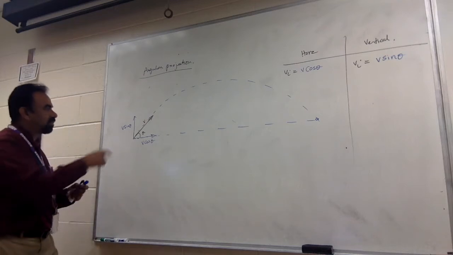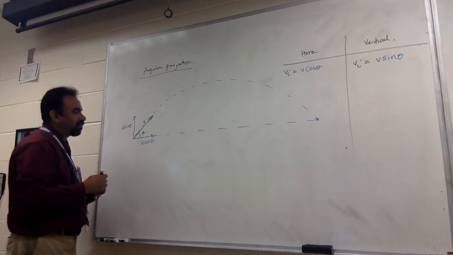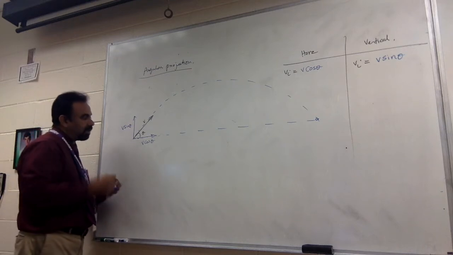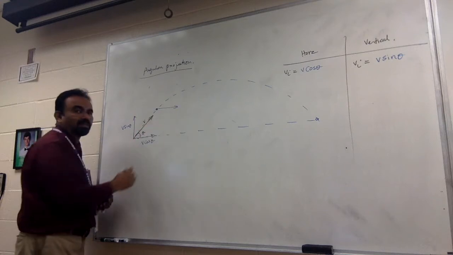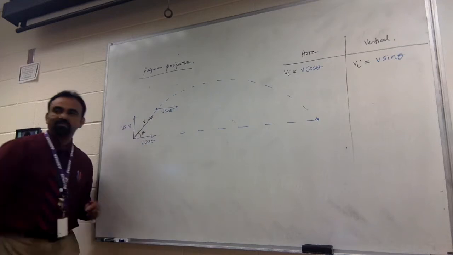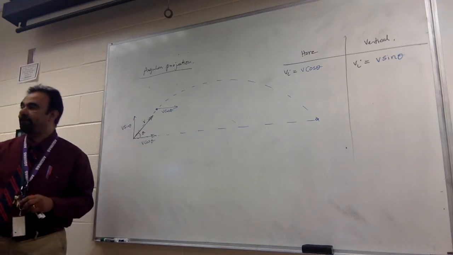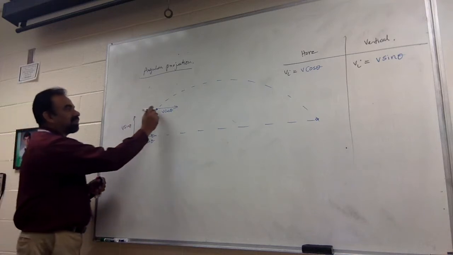So what happens as it keeps moving, when it is here, what will be the horizontal velocity? Should it stay the same? Yeah, because there's no acceleration there. So it will stay the same. What about the vertical velocity?